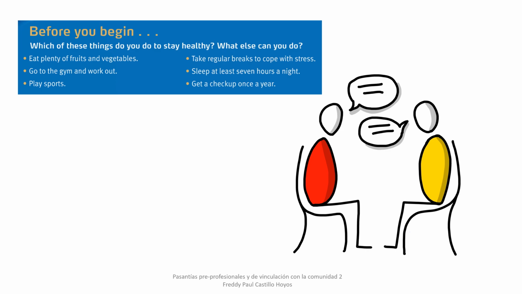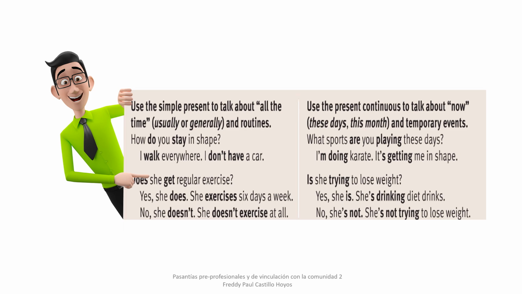After the engagement part comes the study part. We'll stop the activity and we'll explain the use of simple tenses, continuous tenses in the present. The students will understand, rehearse, practice, model, and do some exercises in that study part.